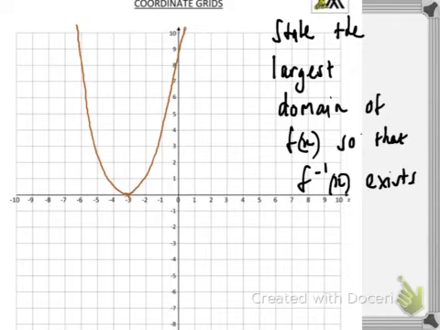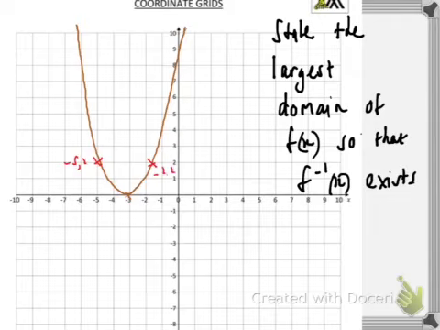So in other words, if we look at the y value of 2, it's actually got two x values. We've got (-5, 2), and also around about (-2, 2).